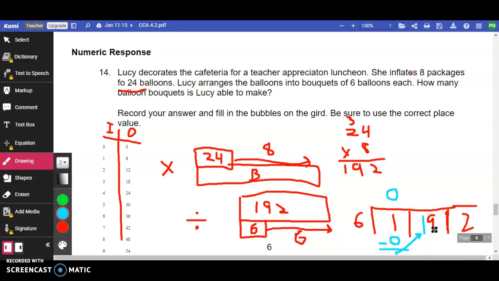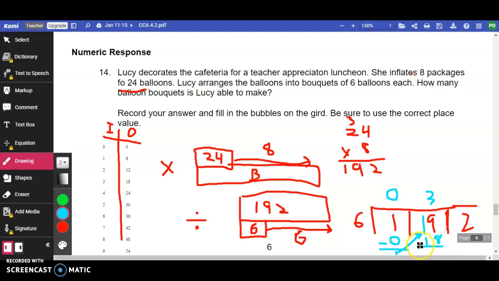Next, 19. Well, 19 I can divide by 6. Let's see. 19 is in between 18 and 24. So I don't have enough to do 24. But I can use 18 of my 19, right? I can divide 18 into 3 groups. 18 divided by 6 equals 3.